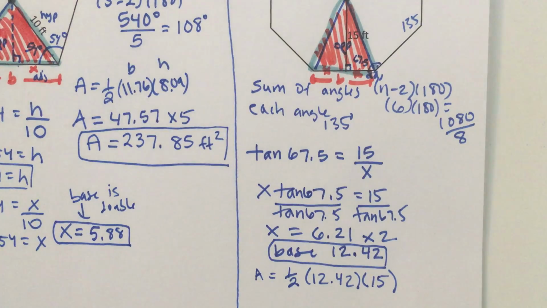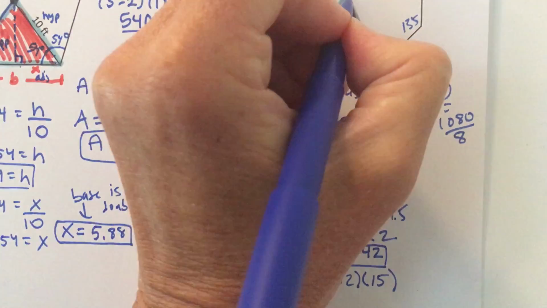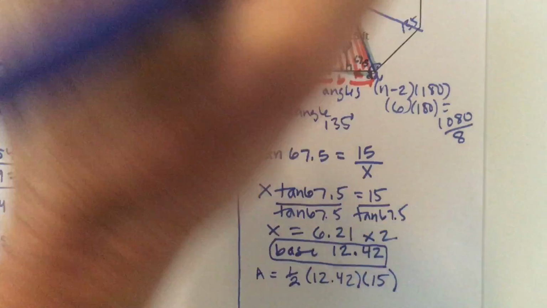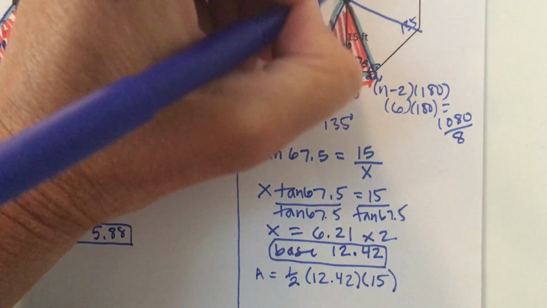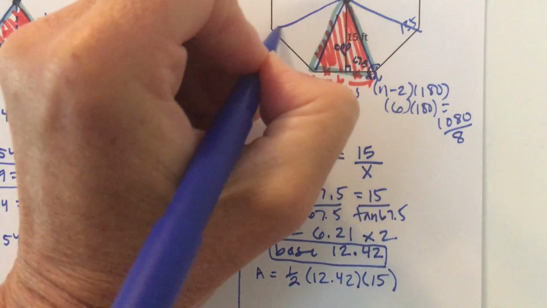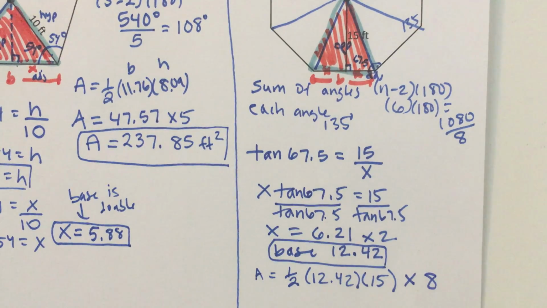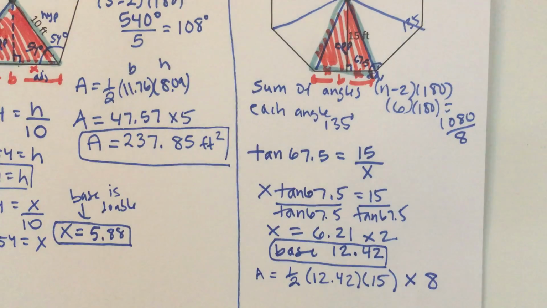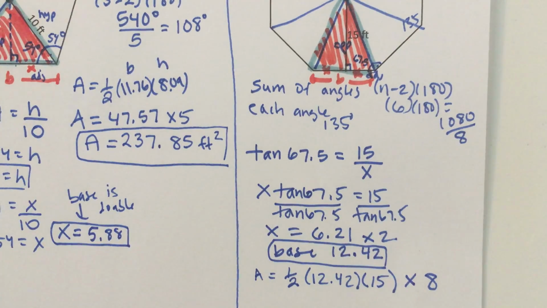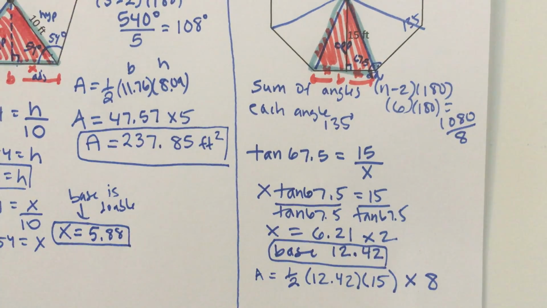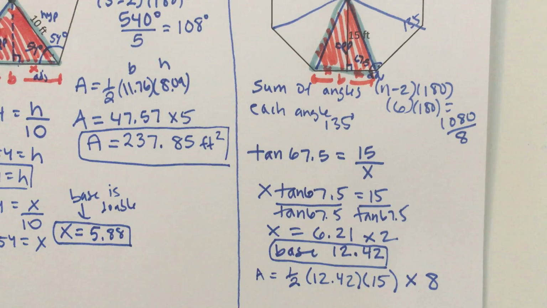If there's 8 sides, that means there's going to be 8 of these. So there's going to be another one there, and there, and there, and there, and there, and there. So you have to multiply that by 8 because there's 8 triangles. Type all of that into your calculator.